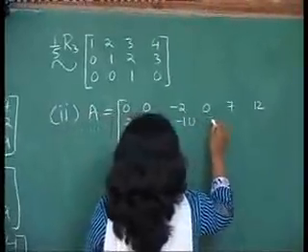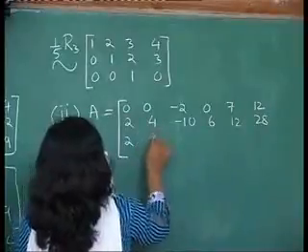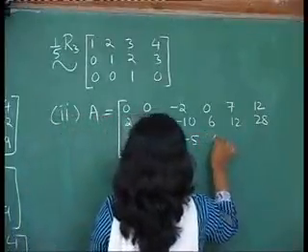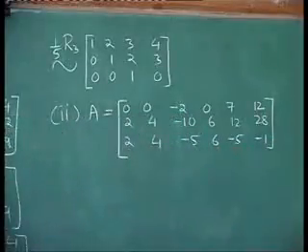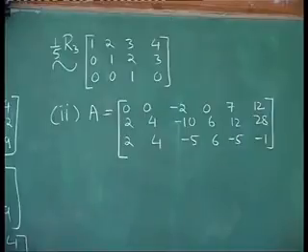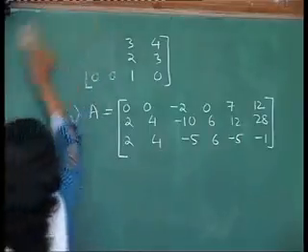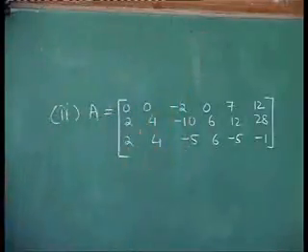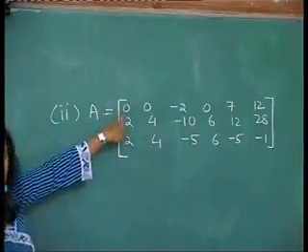Let us reduce this matrix also to the echelon form. So if we go by the earlier procedure, the first step is to bring a leading one in this position.